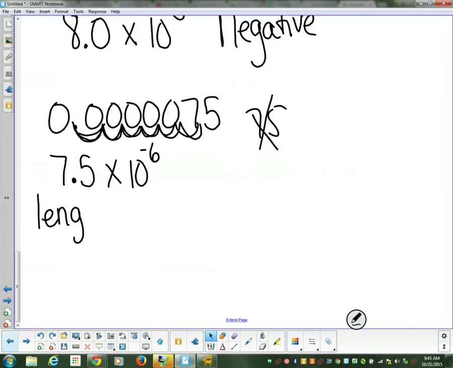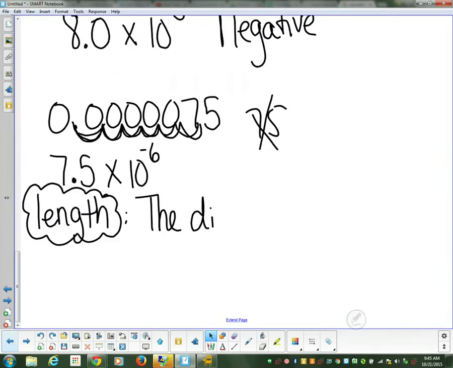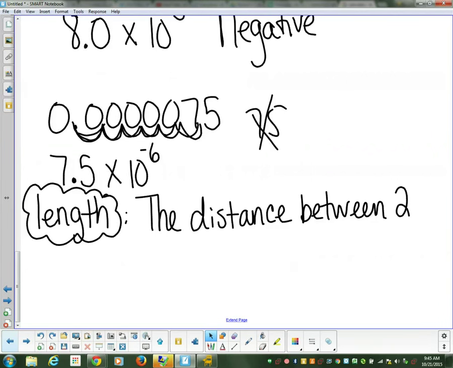Length, for example, is something that you are already familiar with. And length, by definition, is the distance between two straight lines.